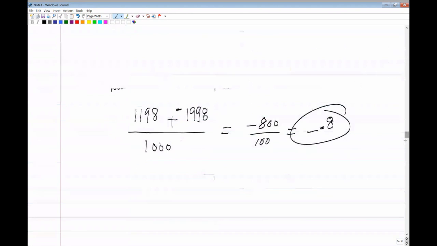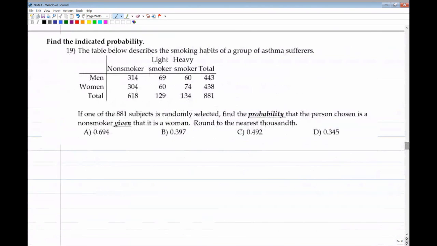Now, the next problem. In the next problem, find the probability. In the previous problem we did or, now we have a keyword: given. If one of 881 subjects is randomly selected, find the probability that the person is a non-smoker, given it's a woman.